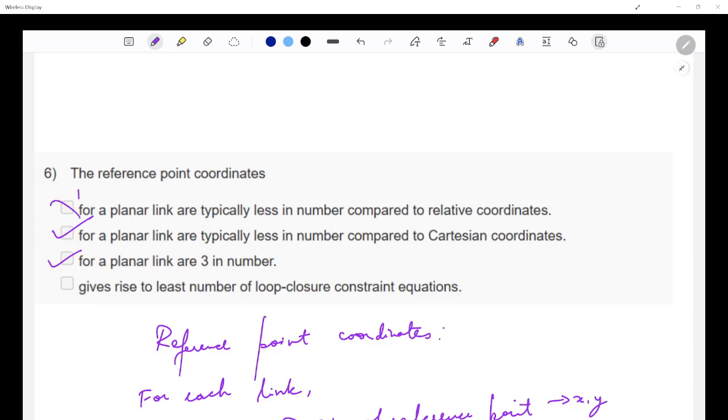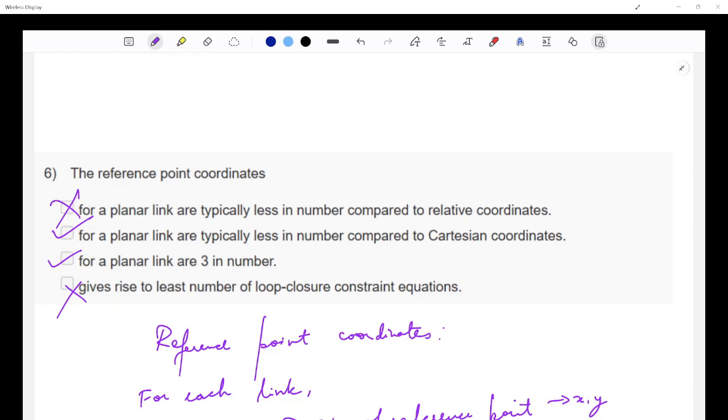And the last option is it gives rise to the least number of loop closure constraint equations. It is wrong because relative coordinates give least constraints. Reference coordinates require more constraints. If you remember from the lecture, for relative coordinates we had the least equations, and for Cartesian algebraically simple equations were there, but there were more equations.